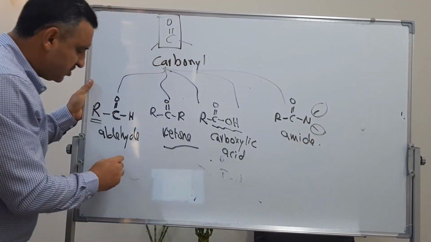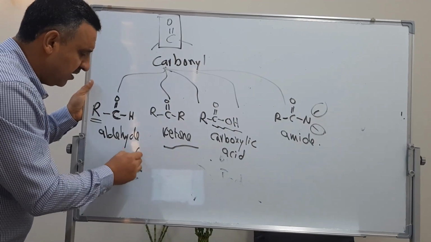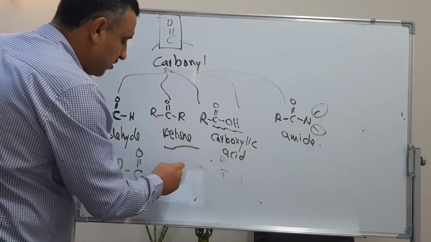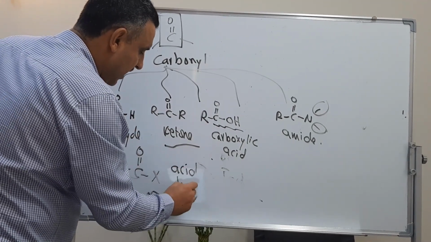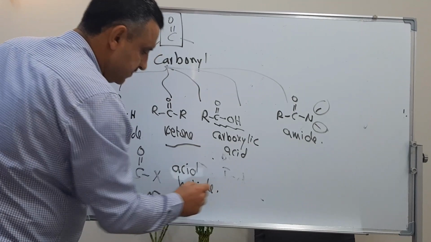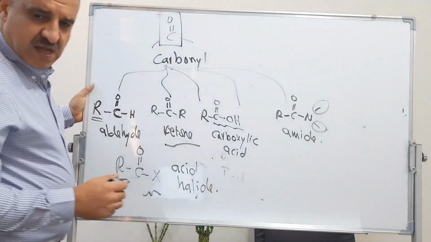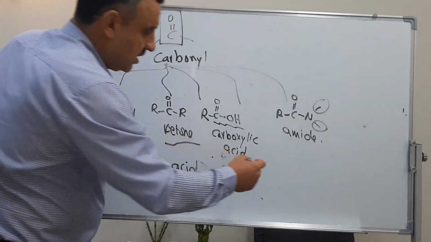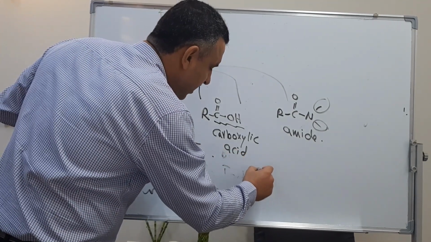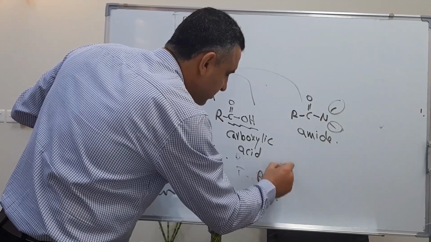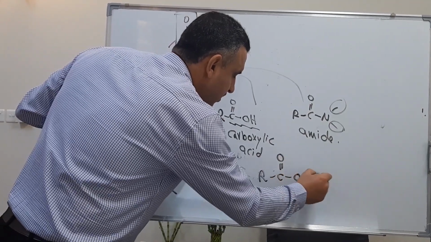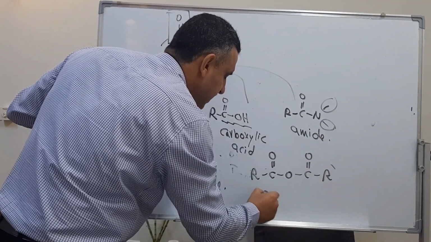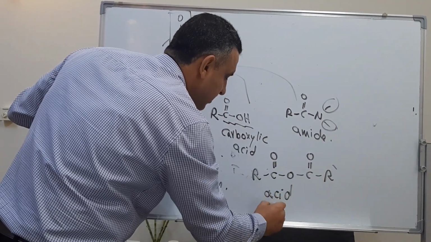If it is attached to a halogen, X here, regardless of what X is, we'll call it acid halide. You follow me? If it is attached to another oxygen and another carbonyl, such as R, C double bond O, O, C double bond O, R prime, for example, we call this acid anhydride.